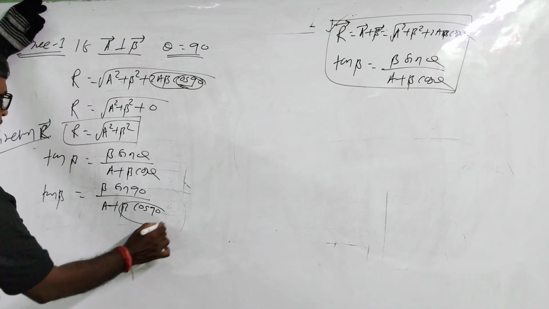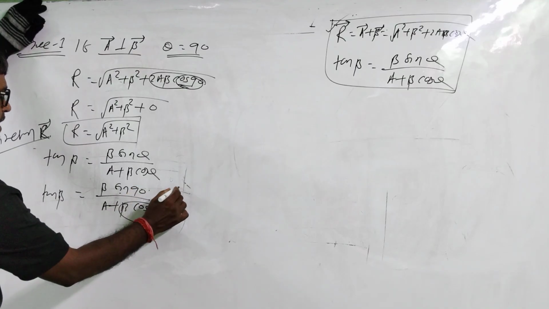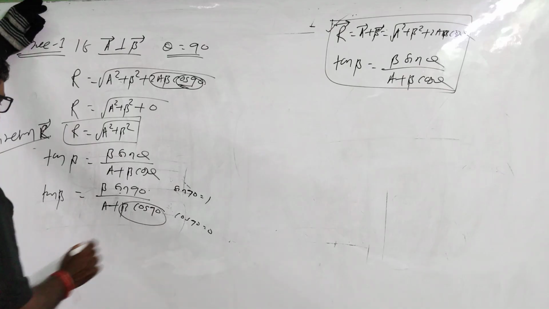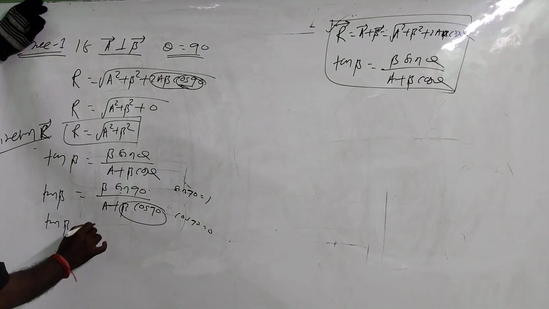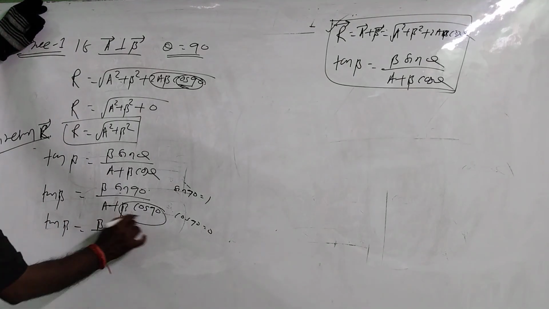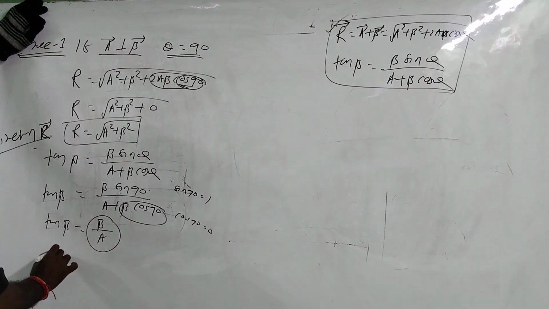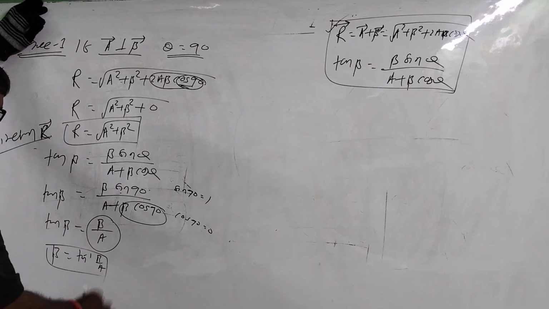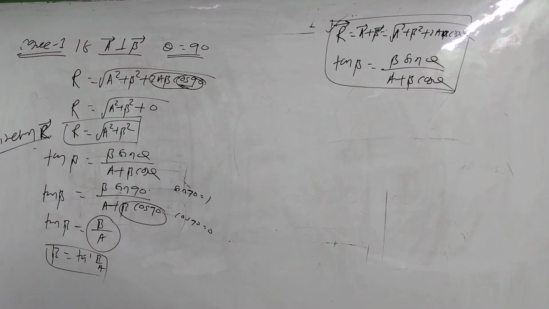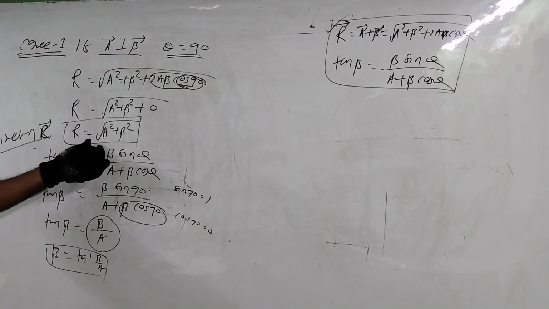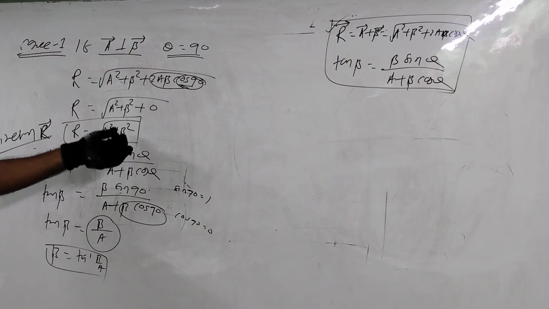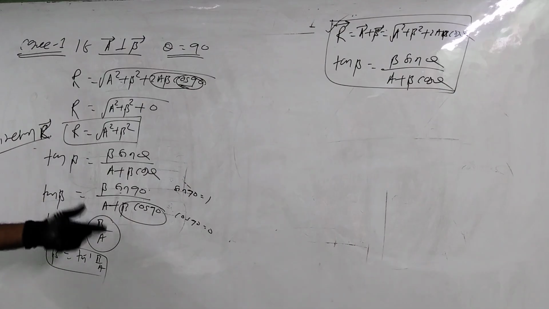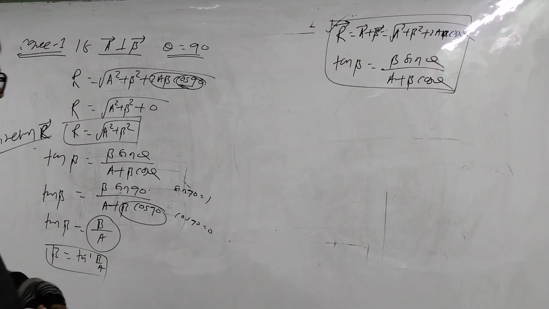Cos 90 is 0 and sin 90 is 1. So tan beta is B by A, and beta equals tan inverse of B by A. When two vectors are perpendicular, the resultant is root of A square plus B square and the direction is tan beta equal to B by A, your second vector by first vector. That is the first case.